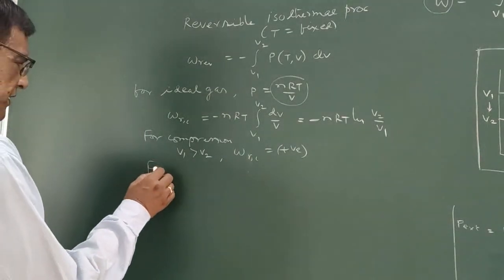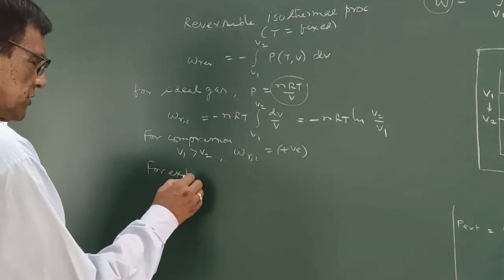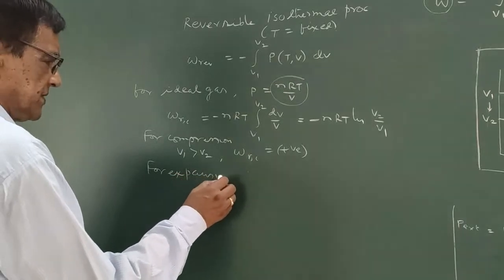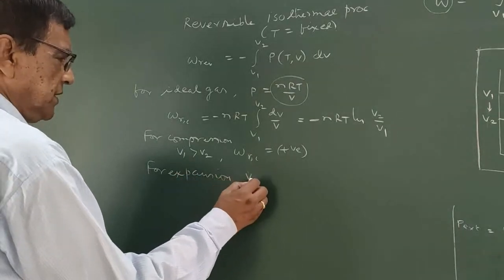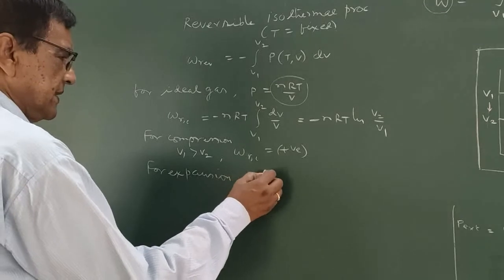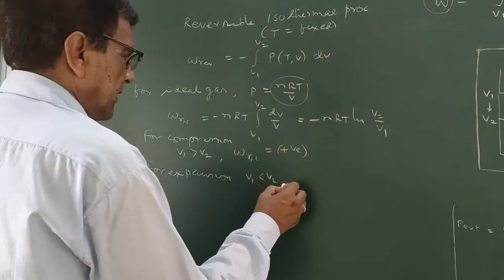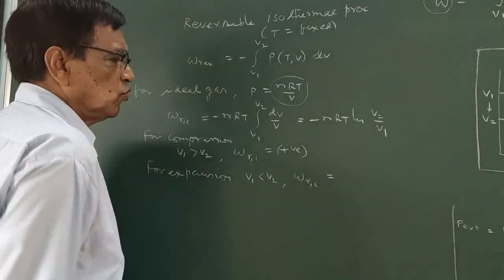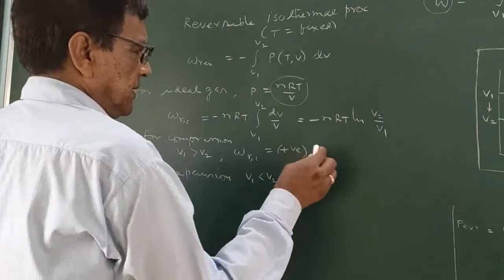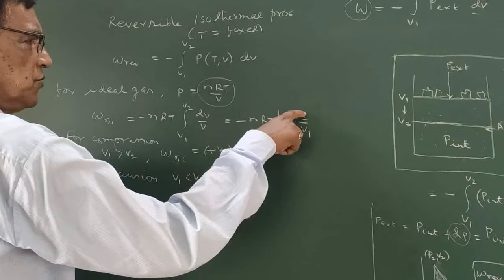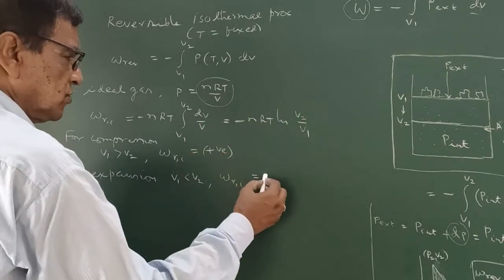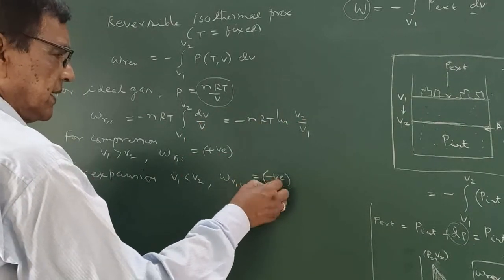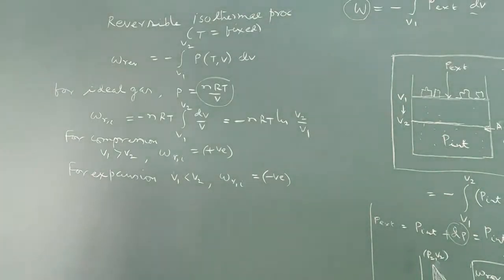And for the expansion of this gas, V1 is less than V2, so with the negative sign, this will be negative work done by the gas, meaning energy would be released.